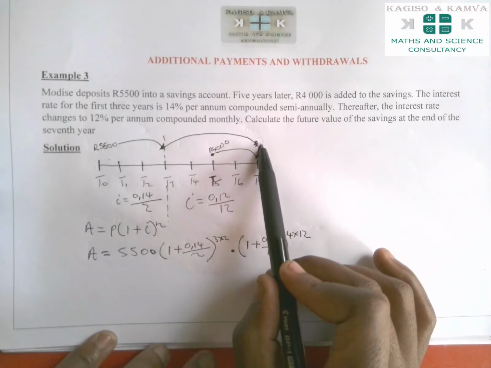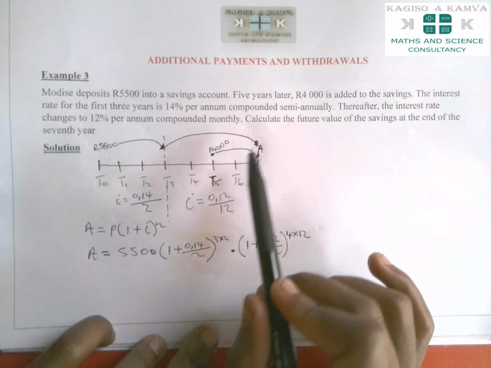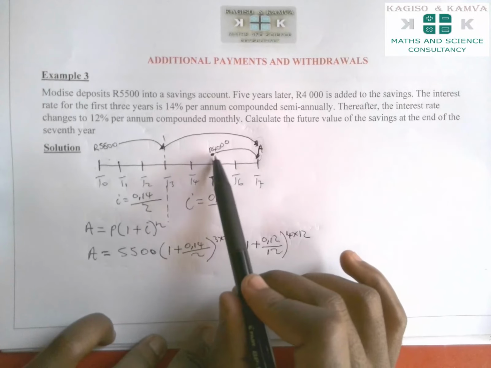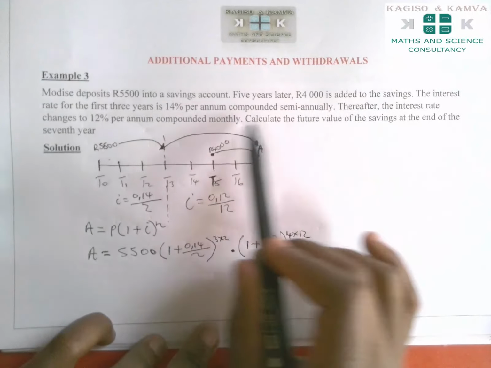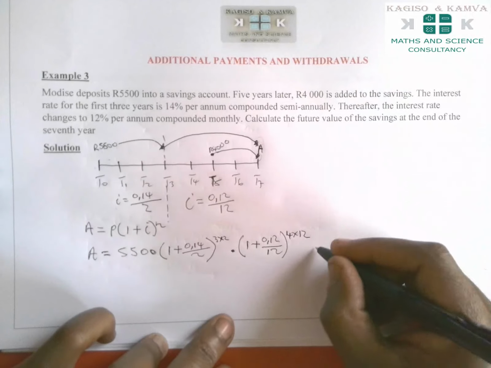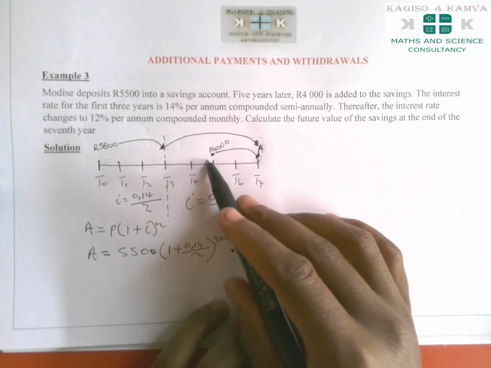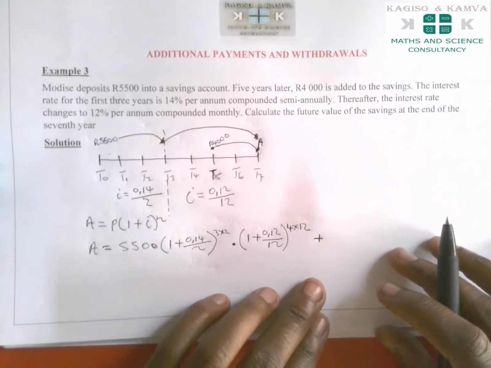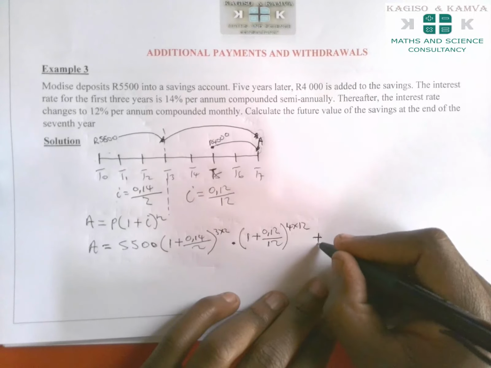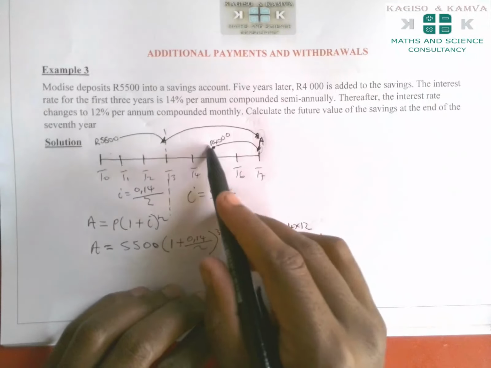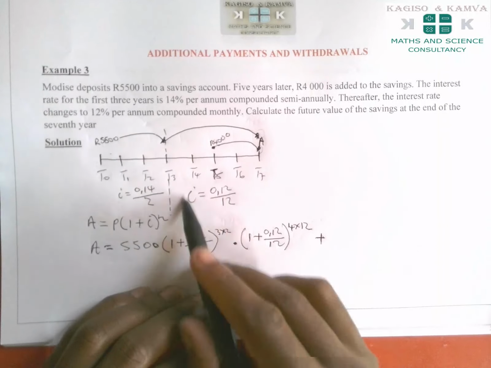I'm done with this one, so I have to do this one. Because it's an additional payment, it was added, so we have to add this investment. This investment is going to be with this interest rate. You can see it plays along with this interest rate.